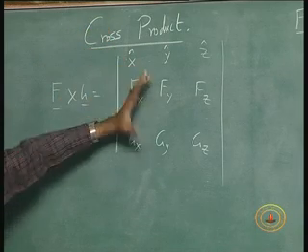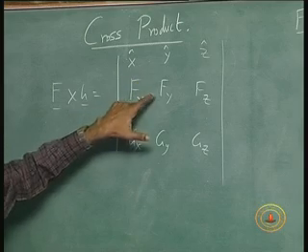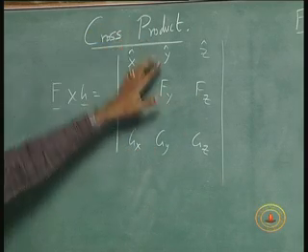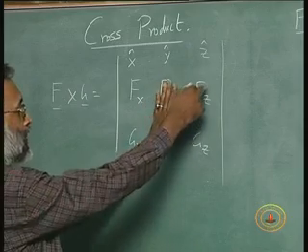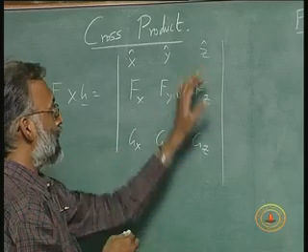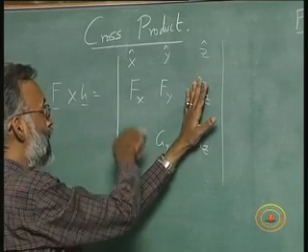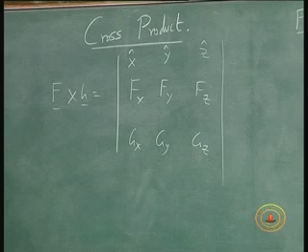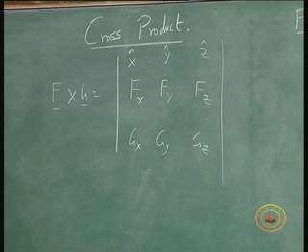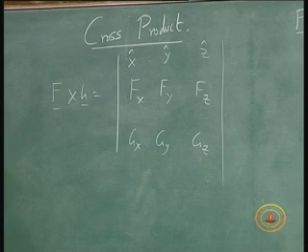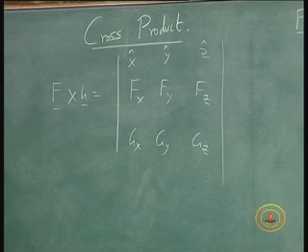So, x hat times the determinant of this minor, which is fy gz minus fz gy, plus y hat times this minor, which is fz gx minus gz fx, plus z times this minor, which is fx gy minus fy gx. So, you can see that the cross product is intrinsically dealing with a determinant of these 2 vectors.